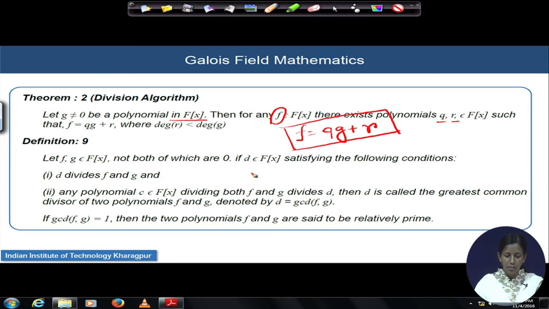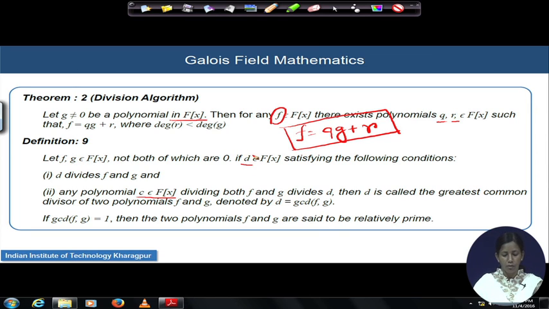Then suppose there exists another polynomial d, also belonging to F[x], such that d divides both f and g, and also for any polynomial c in the same field that divides both f and g, c also divides d.